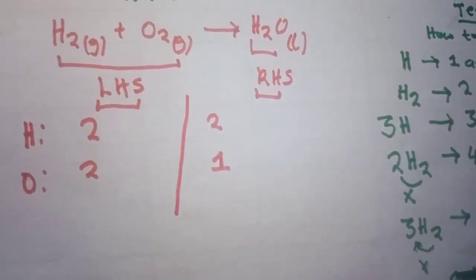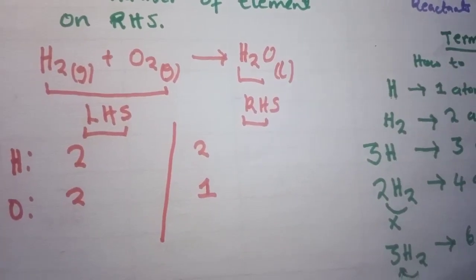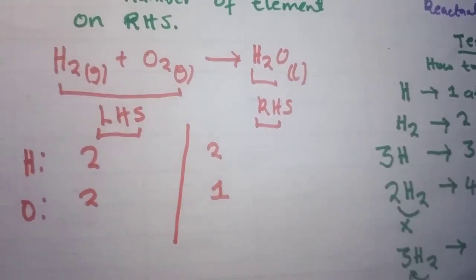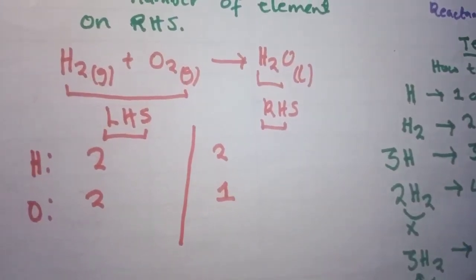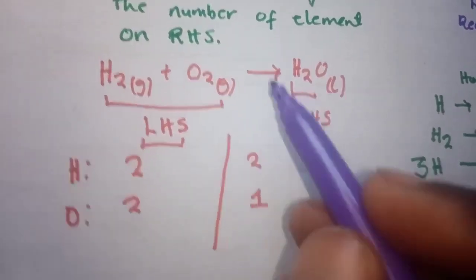So how do we balance that? In balancing equations, the only thing you can do is to add coefficients. So what if I put a 2 here?